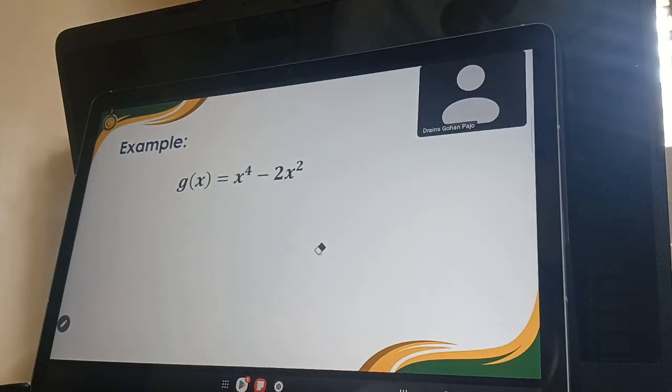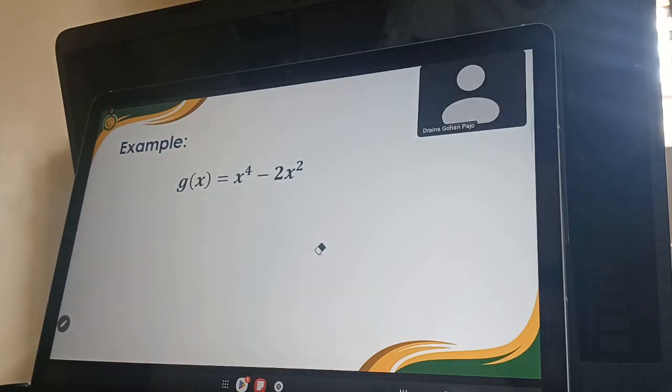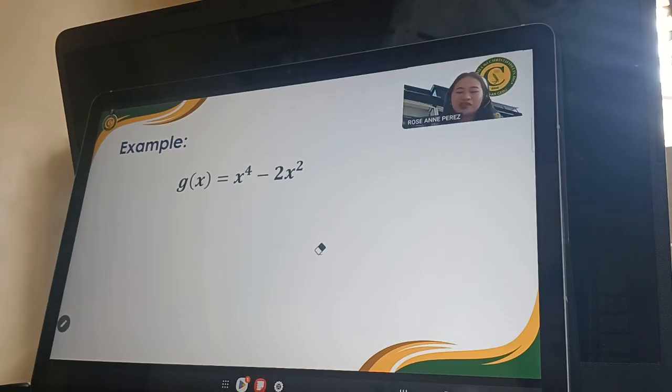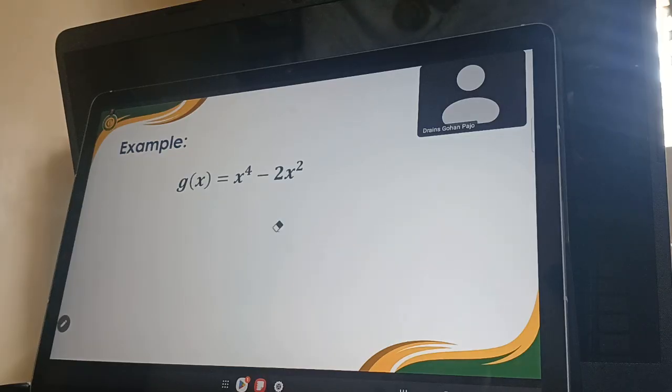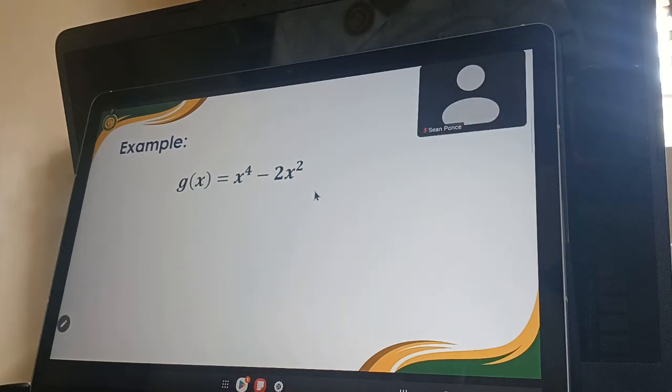Even function, miss. Okay, why is it an even function? Because they are the same. Okay, so the result is exactly the same as the original equation. Very good, Drains.